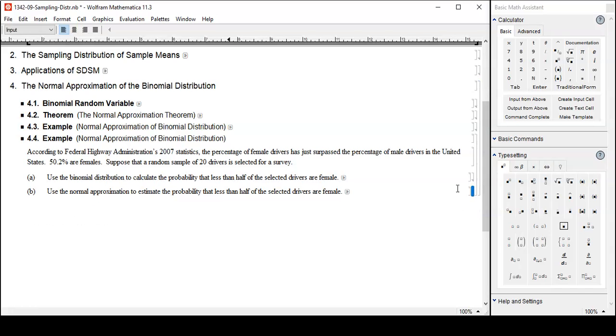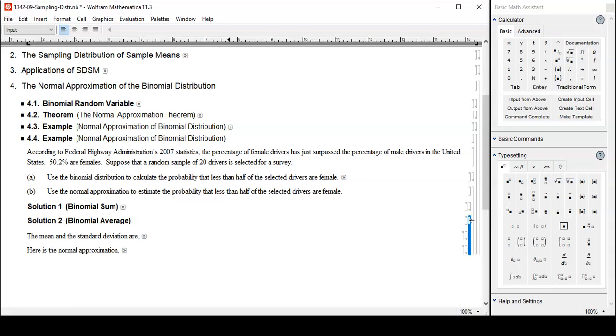And another, the expected value, 50.2%, 0.502, and then the problem, half of the selected drivers. They're too close. 0.502 and 0.5, they're too close. But that's not really the end of the problem here. The real deal is coming from 10 versus 9.